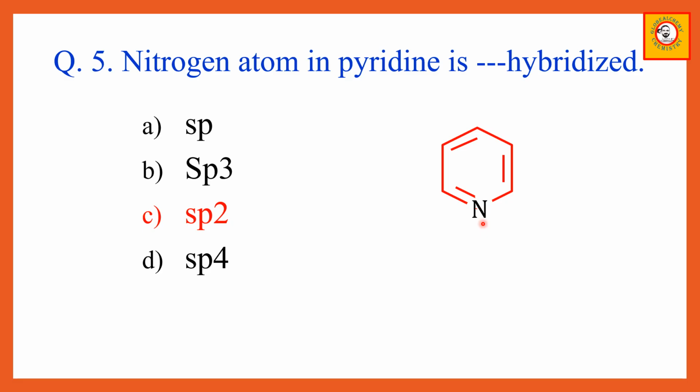It is not involved in bonding. The lone pair remains in the sp2 orbital and lies in the same plane. In pyridine, the 5 carbons and nitrogen are all sp2 hybridized.